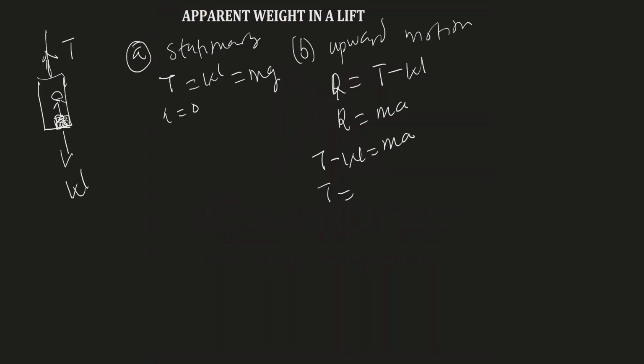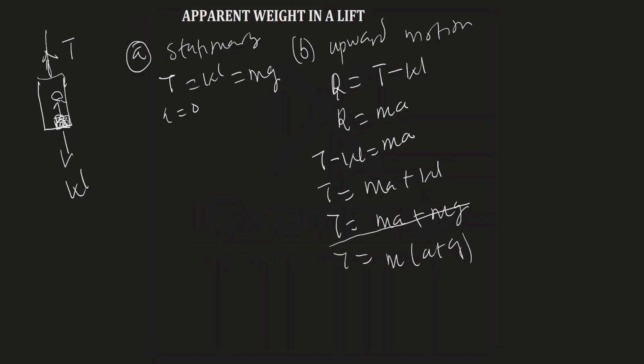Then we can say that tension is equal to ma plus weight. We add the weight to both sides. Then we can say that ma plus weight is equal to ma plus mg. That means that the tension in the rope is equal to m(a plus g). So this is the formula that you are going to use to calculate the tension in the rope or the reading in the scale, right?